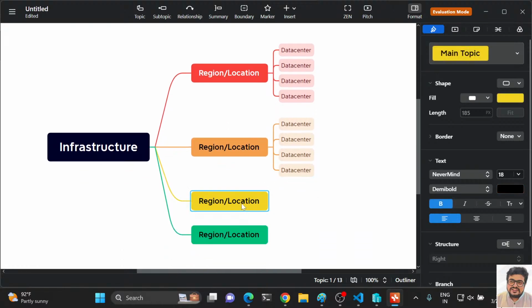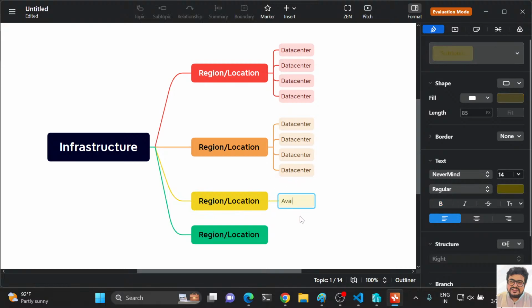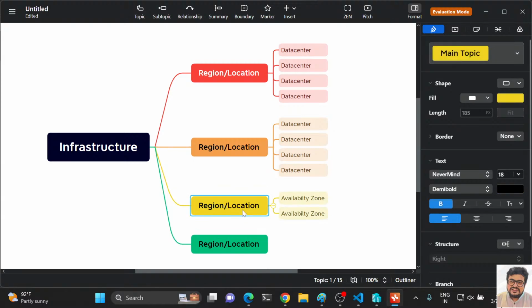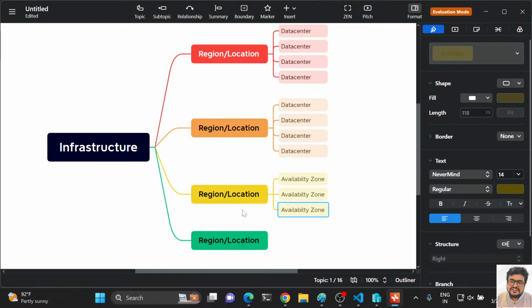What AWS tells us is, I will identify a location or a city, and in that city I will identify something which I call an availability zone. Don't be worried about what an availability zone is. Consider it a branch office. In one city you have 3 different branches.